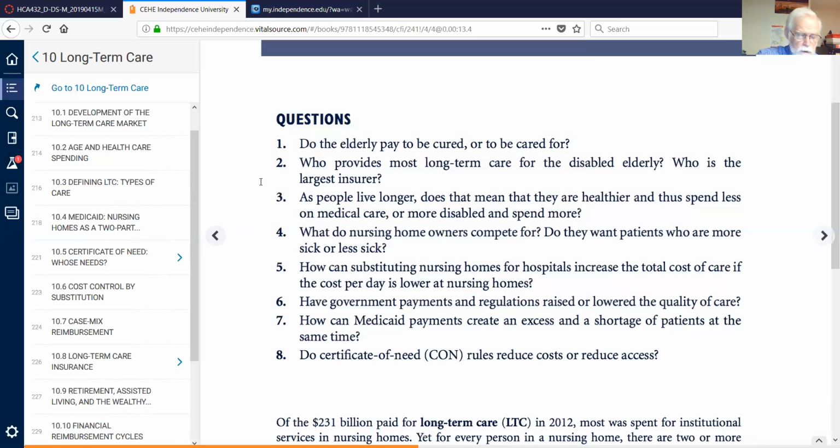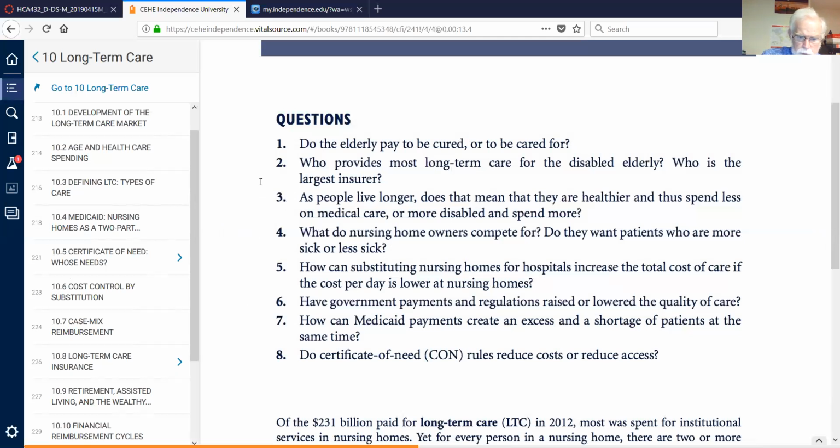We go through a lot of expensive medications. Patients in nursing homes are often medicated to reduce their requirement or demand for services, and it really is kind of a mixed bag situation. There are a lot of questions here.